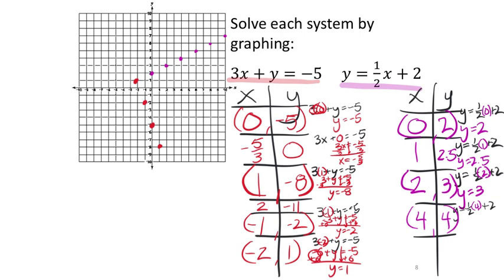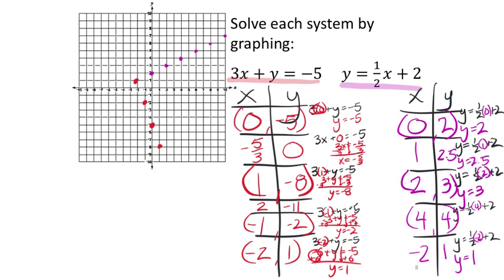But if I reverse direction and I say, you know what, I'm going to make my x a negative 2 instead, here's what happens. So we got y equals 1/2 x plus 2, and we just chose an x value that is negative 2, and that's okay. But my corresponding y value ends up being 1.